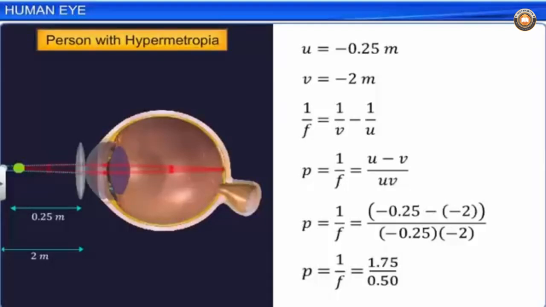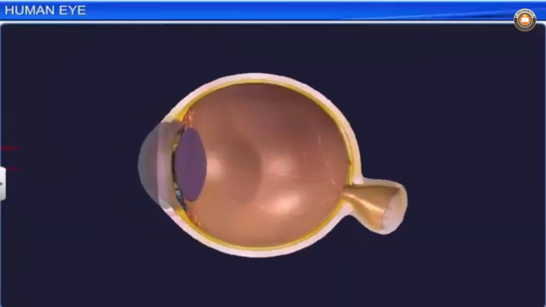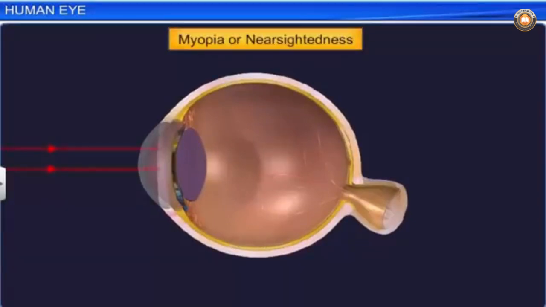Another commonly observed eye defect is myopia or nearsightedness. An optical defect in which distant objects appear blurred because their images are focused in front of the retina is called myopia or nearsightedness. The person suffering from myopia will have perfect vision when looking at objects close to the eye.